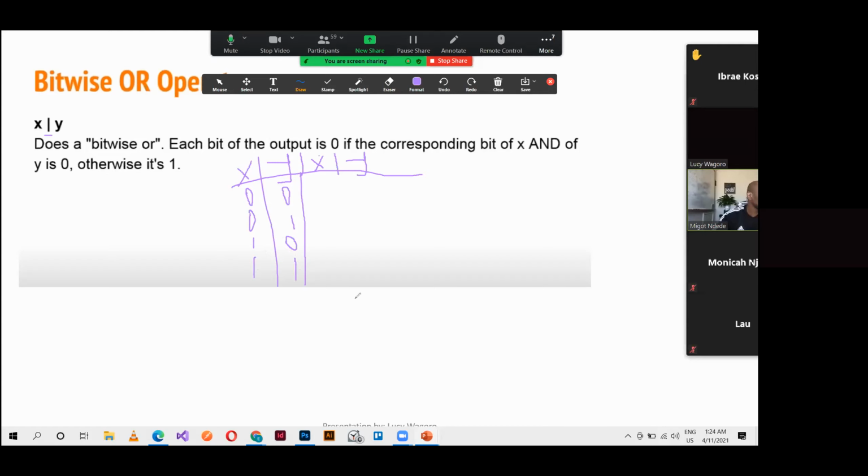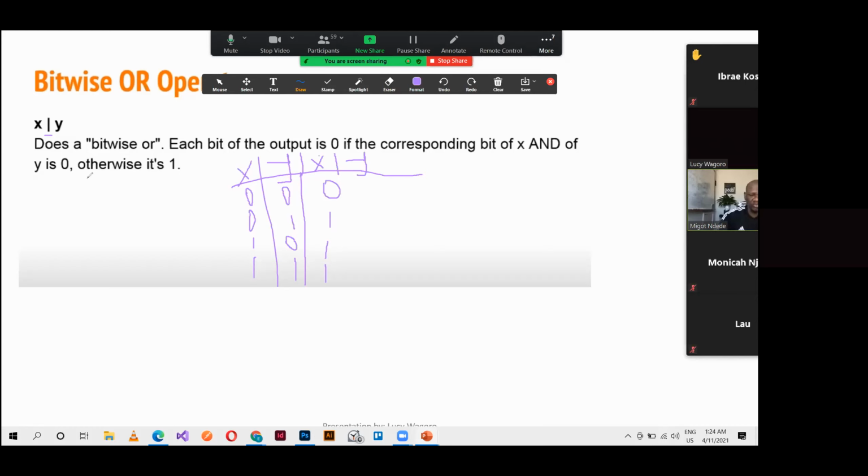No other possibility. We've concluded that. So each bit of the output is a 0 only if the corresponding bits of X and Y are 0. So this is the time we get a 0. Otherwise, it's a 1. So the result here is 1, 1, 1, right?